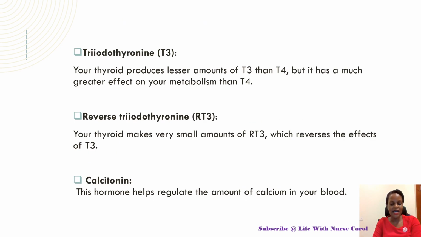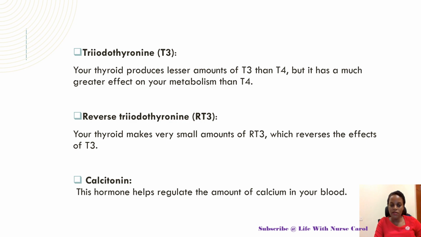Looking at our second hormone produced, which is T3, or triiodothyronine, your thyroid produces lesser amounts of T3 than T4, but it has a much greater effect on your metabolism than T4. The third hormone produced is reverse triiodothyronine, also known as RT3.